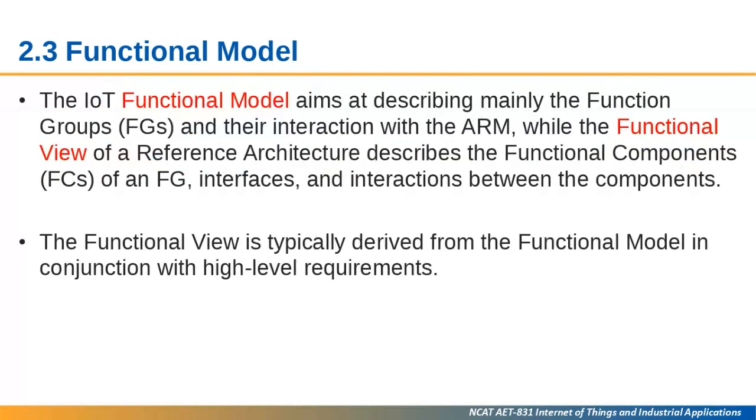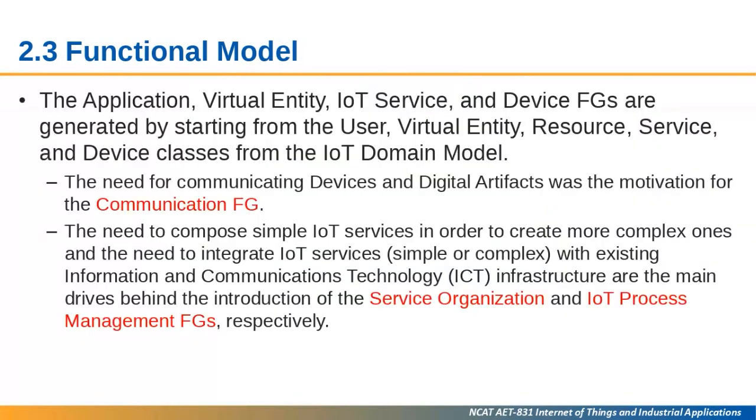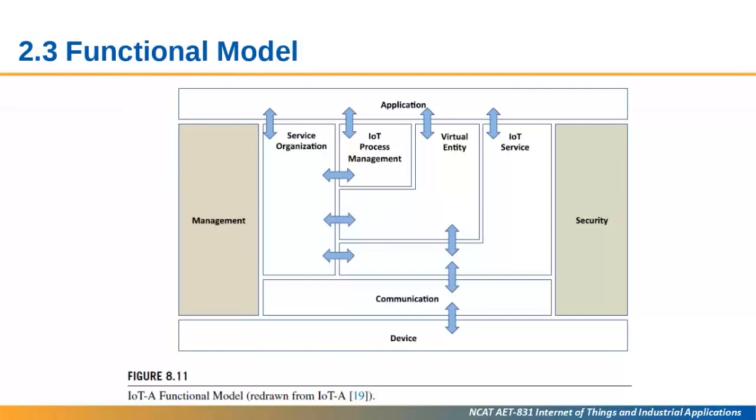Okay, the functional groups are shown in this figure. So we have 1, 2, 3, 4, 5, how many? 1, 2, 3, 5, 6, 7, 8, 9. 9 groups. Basically, it describes how the functions work together to realize how the entities are organized.